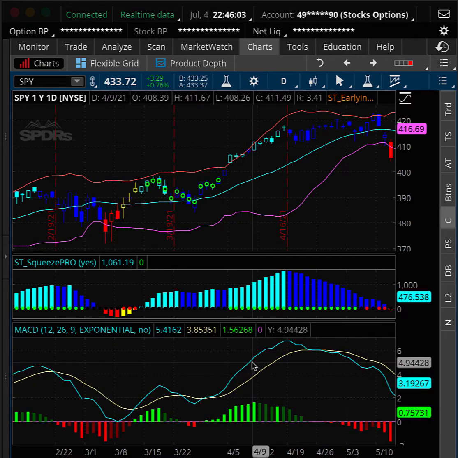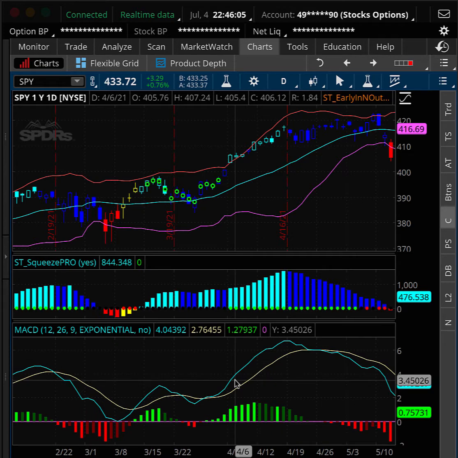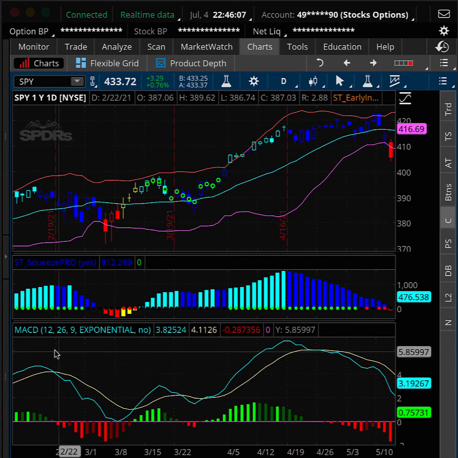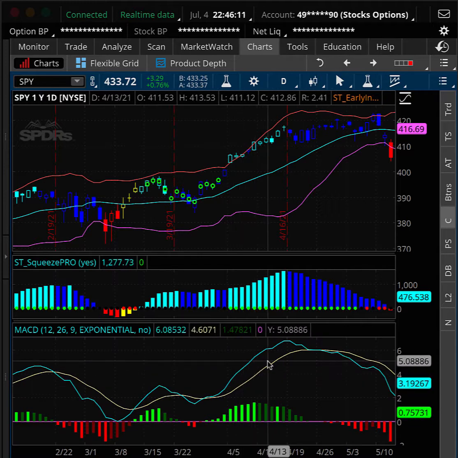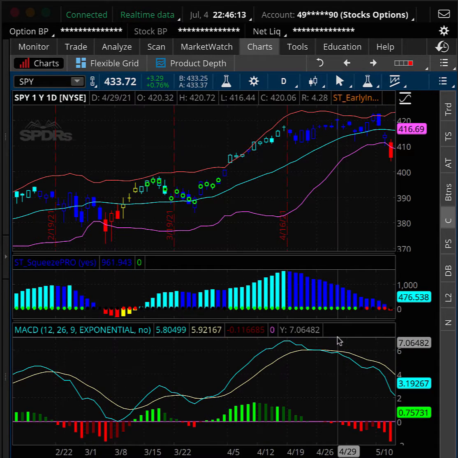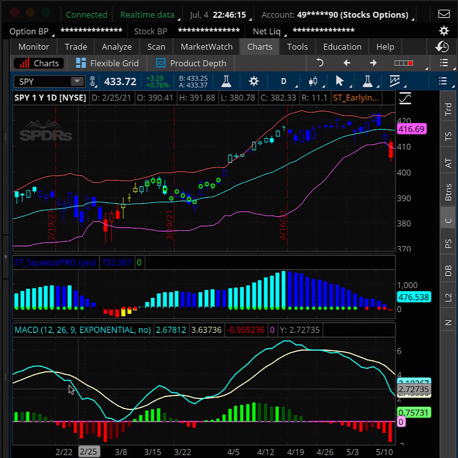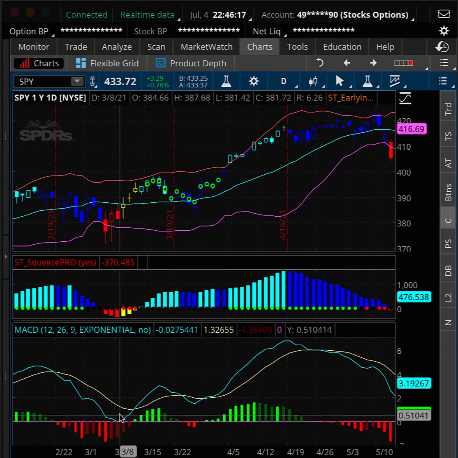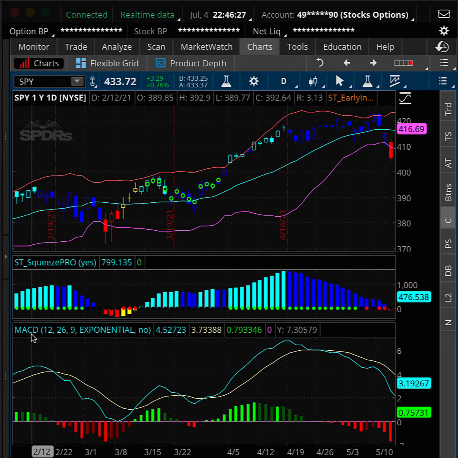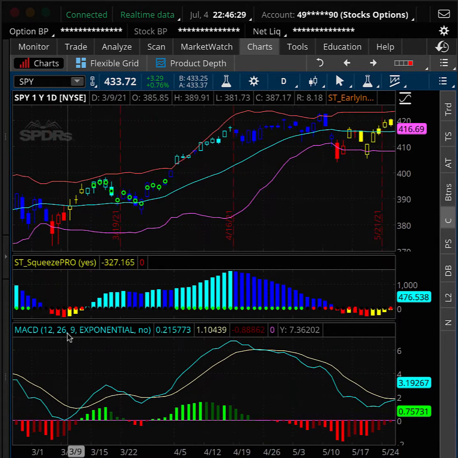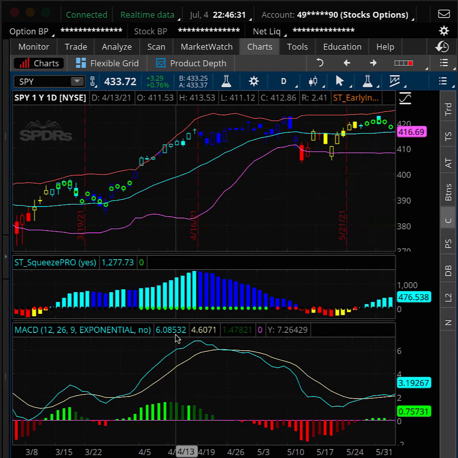So in the literal sense, that is true, I suppose, that divergence represents the separation of these two moving averages, and then convergence would be when they get closer together, like in this instance here.